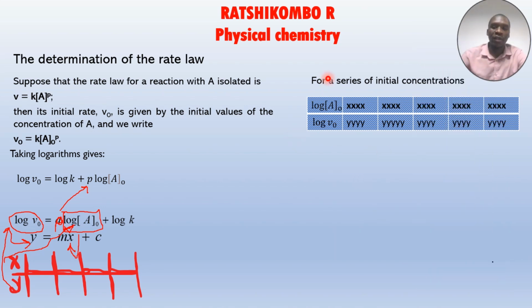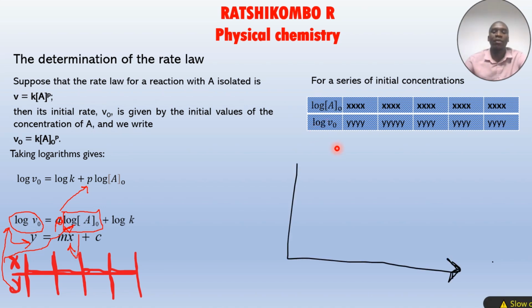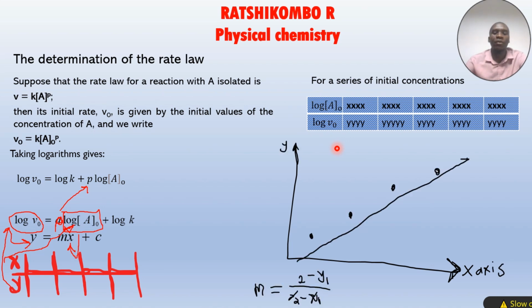If you are given a series of initial concentrations and initial rates, you just introduce the log. Doing so, you can plot a straight line graph, whereby this is your x-axis and this is your y-axis, and then you can find the gradient from the graph.